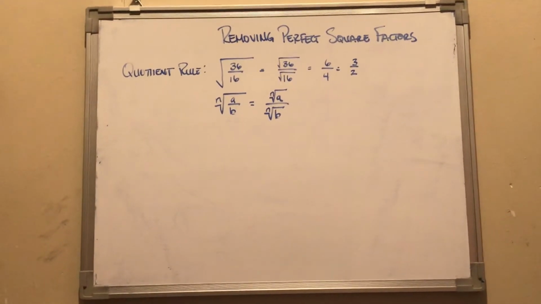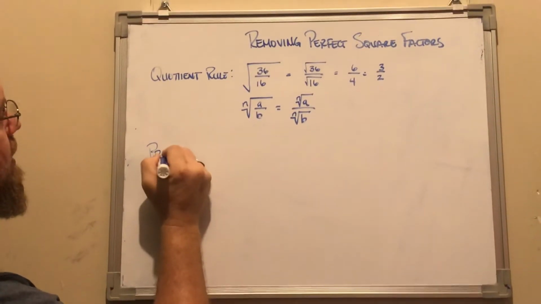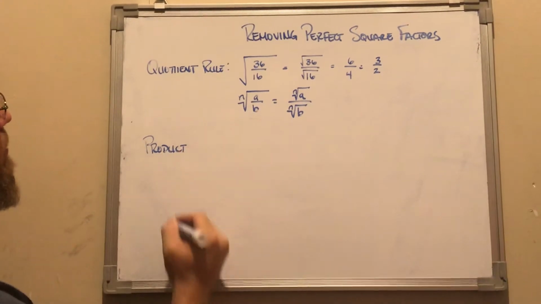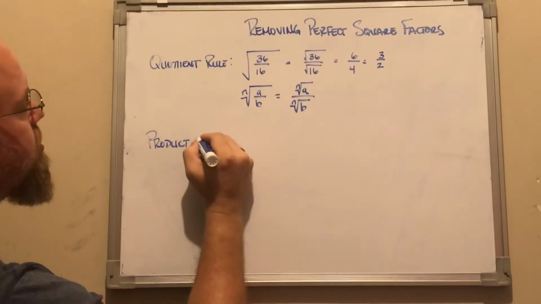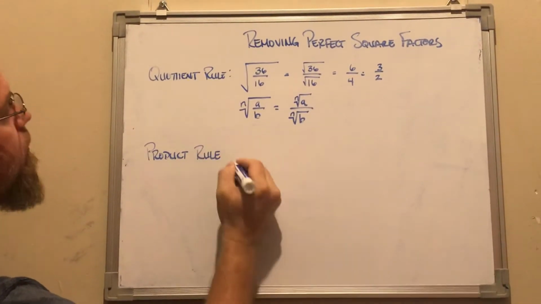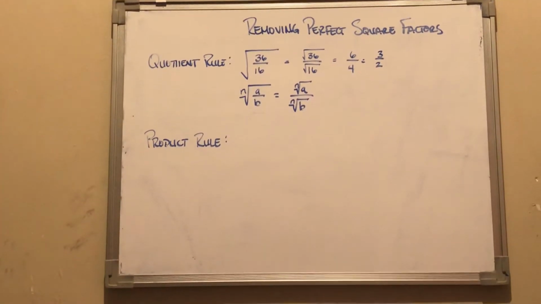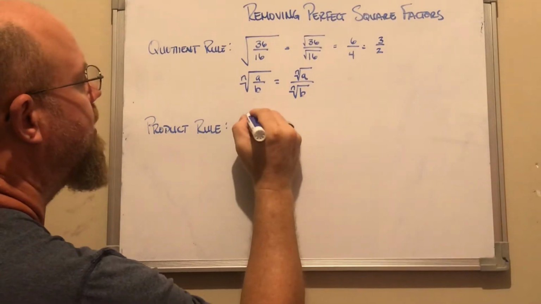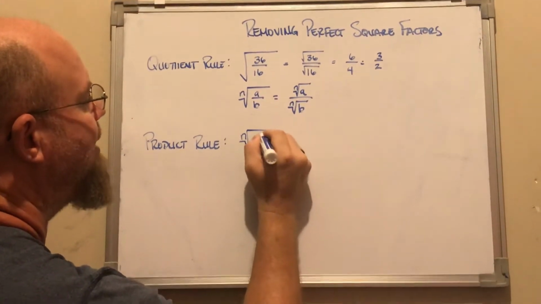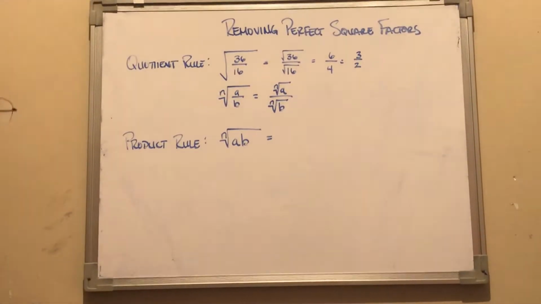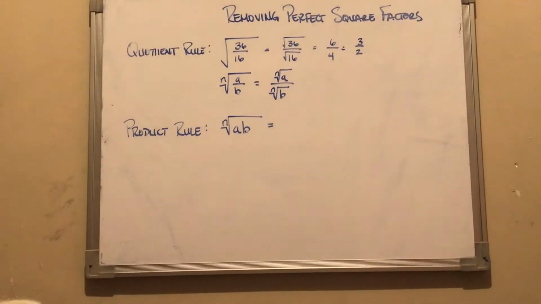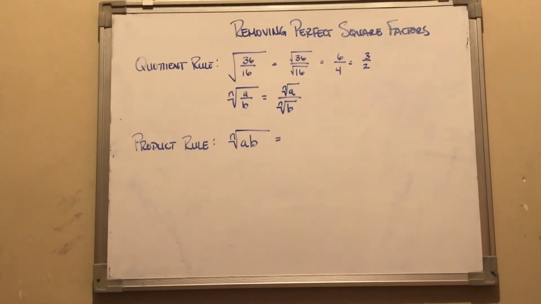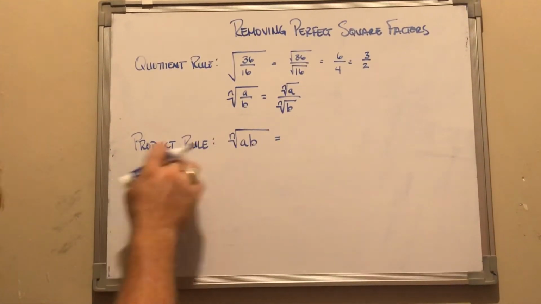And the product rule, since a product is the result of a multiplication problem, you think that the product rule would be associated with multiplication, and it is. So the product rule for radicals basically says that if you have the index of n and the radical of a times b, that I can split that up. And if you remember our example in our homework from yesterday, utilized this product rule.